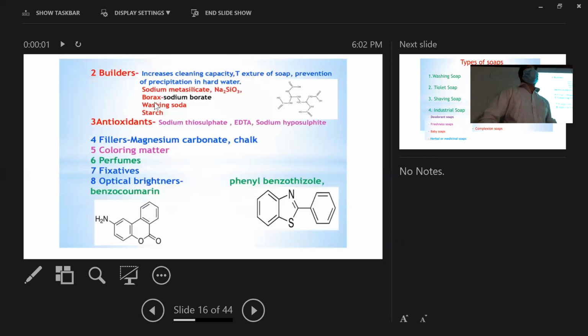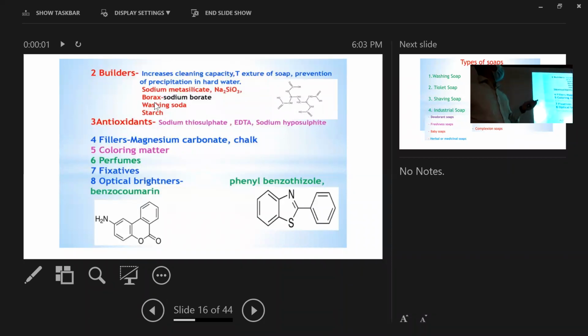Builders, that means not the building maker. So the builders are also kind of building makers, I would say. We are making the soap, so we can have some chemicals which can combine all the ingredients.